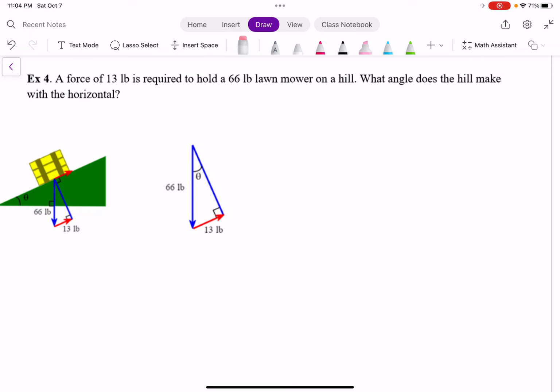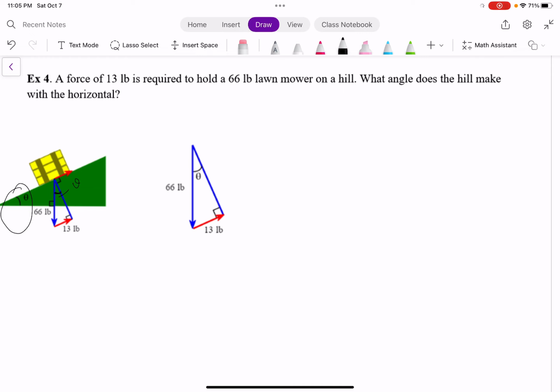The question is asking about the angle theta of the hill. We have proved that theta and the angle here have the same measure, so this angle is also theta.